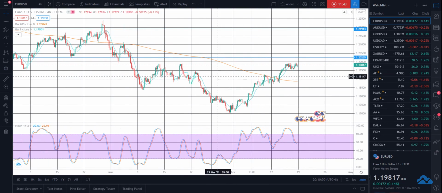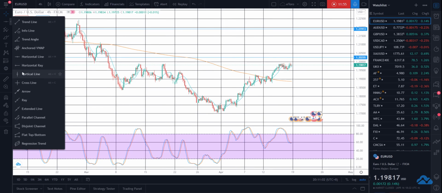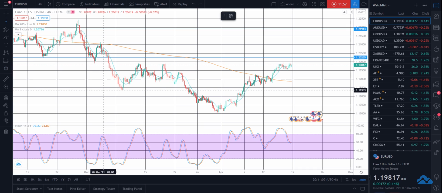So we are in the bear market, and you should just listen to the sell signal. So we just add a couple of vertical lines here again to make it clear for you guys.